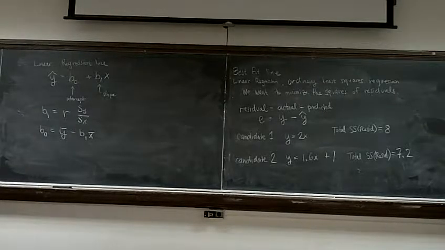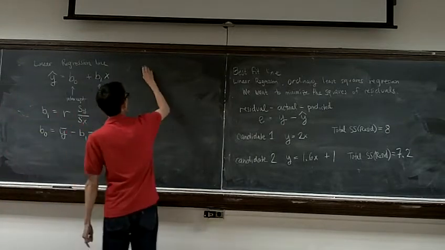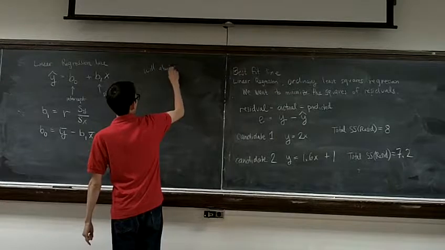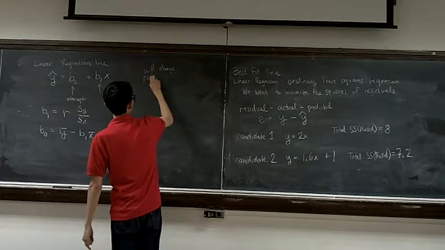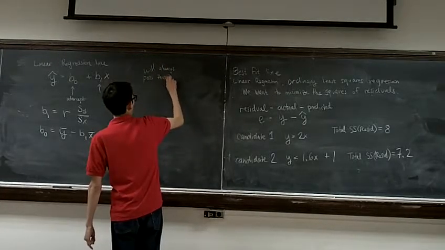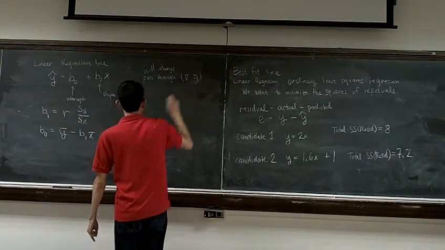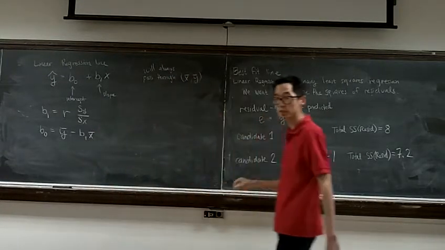The linear regression line will always pass through the point x bar, y bar. It will pass through the mean of x and the mean of y.